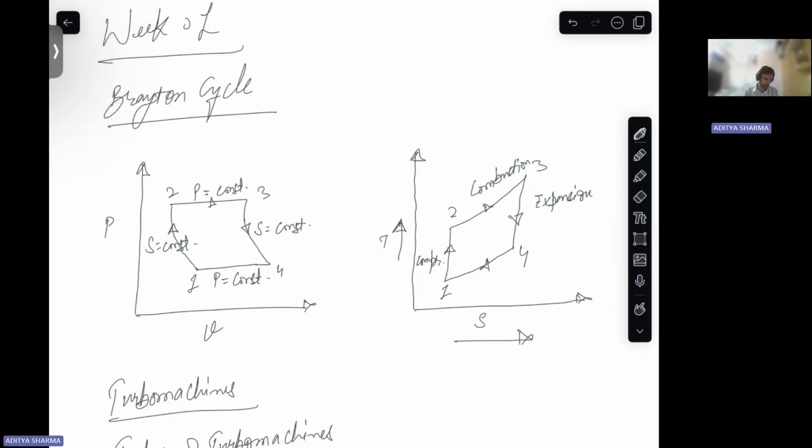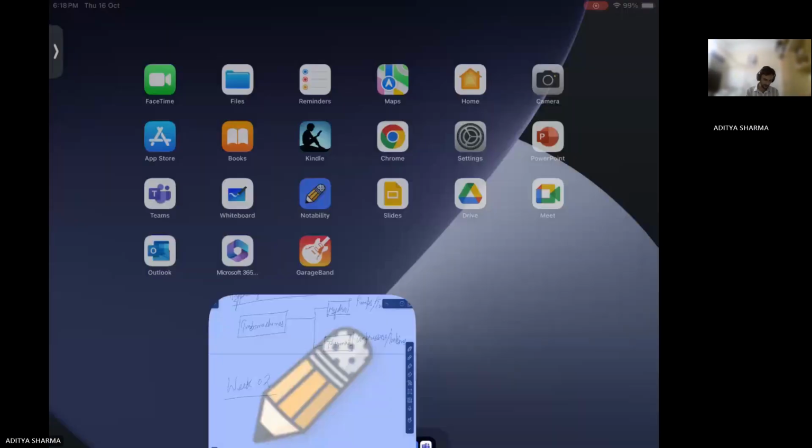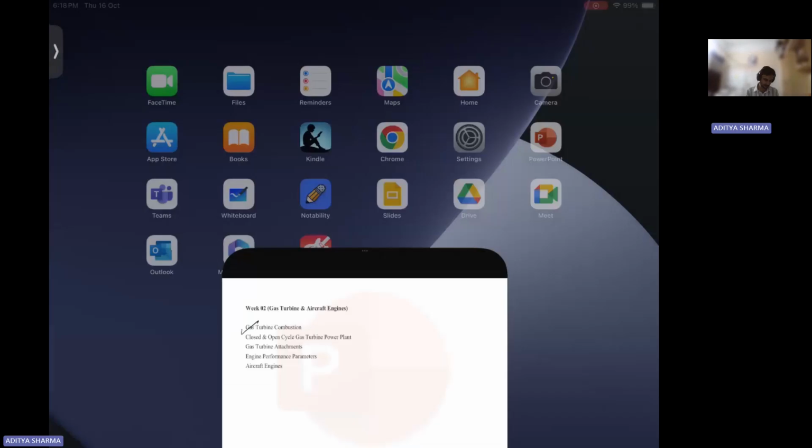So it's a constant pressure, so this is basically combustion 2 to 3. It's a constant pressure combustion. During the combustion, the pressure will remain the same in ideal conditions. Then there are open and closed gas turbine power plants.